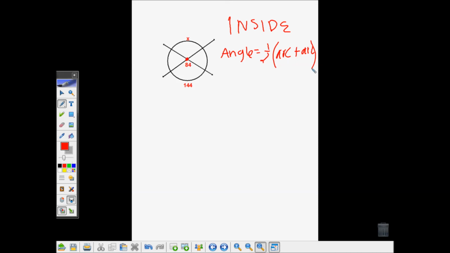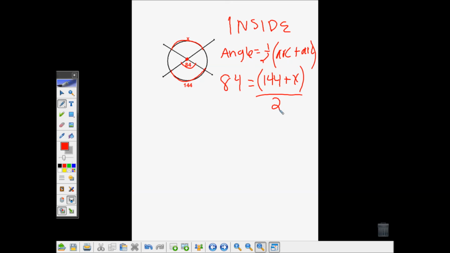This time they actually give me the angle. My angle would be 84 equals, and then my arc down here is 144. That one is just x. That's okay. I'm still just going to plug x in. So my arc, 144, plus my other arc, x, and I'm going to divide it by 2 instead of timesing by 1/2. Then I am just solving for x.